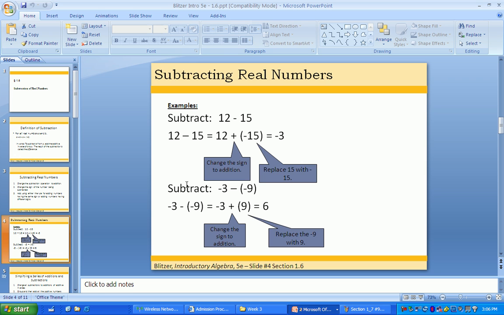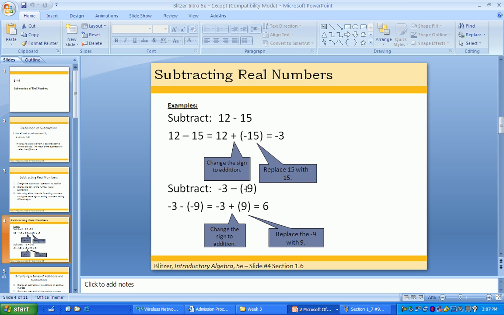Another example is they're saying subtract a negative 3 minus a negative 9. So using the same steps, we know we don't do anything with the negative 3 up front. But what we want to do is change this sign right here from a negative to a positive. If we do that, then we also have to change the sign connected to our 9.